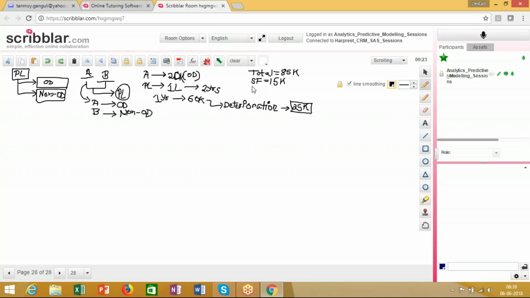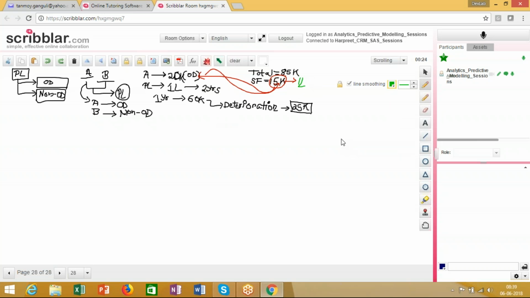Now, if there was a shortfall of 15,000, what the guy could do in this case is use his overdraft, draw back the 15,000 and pay back the 1 lakh.